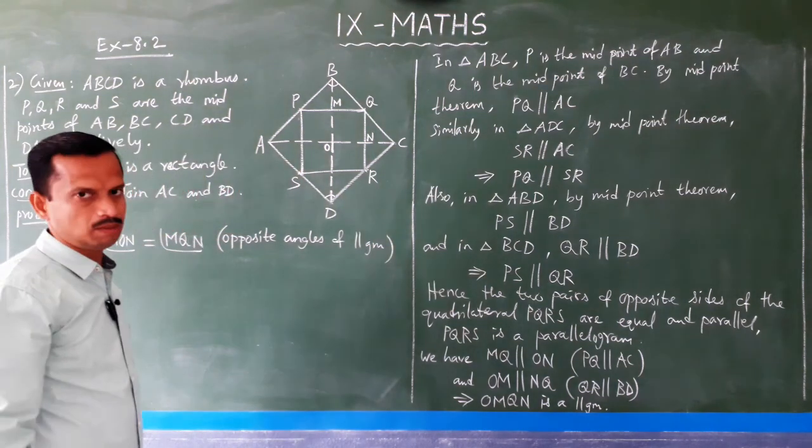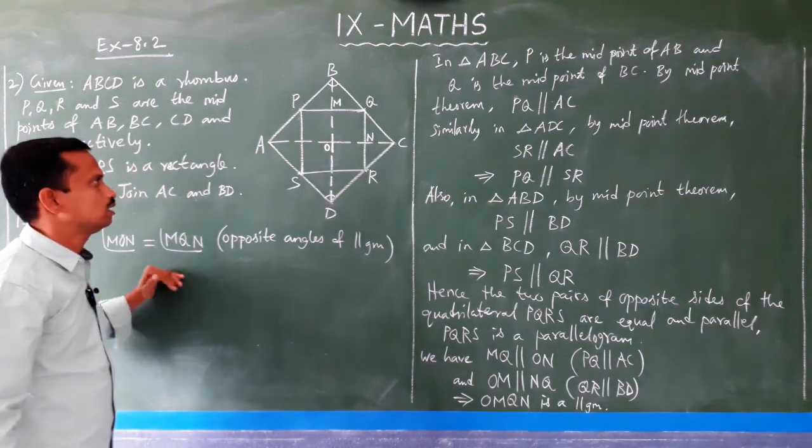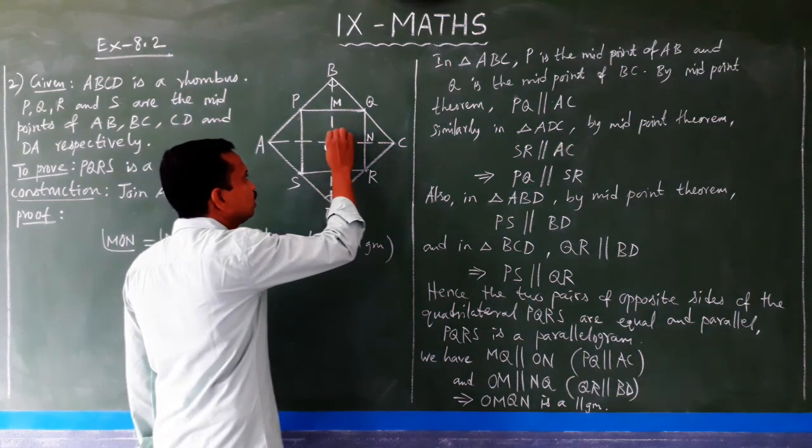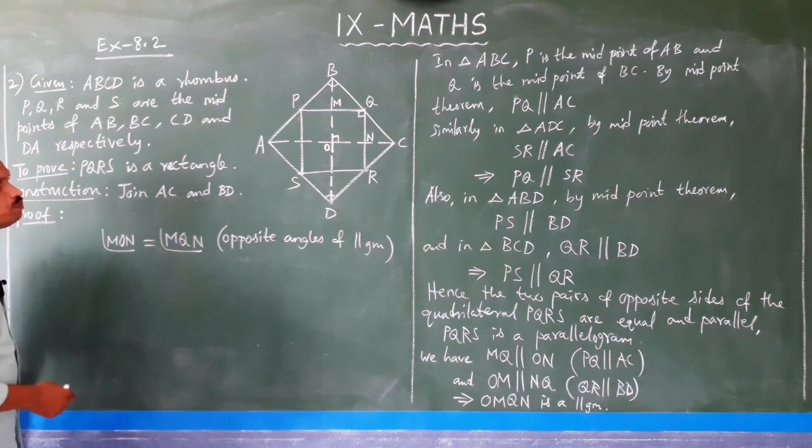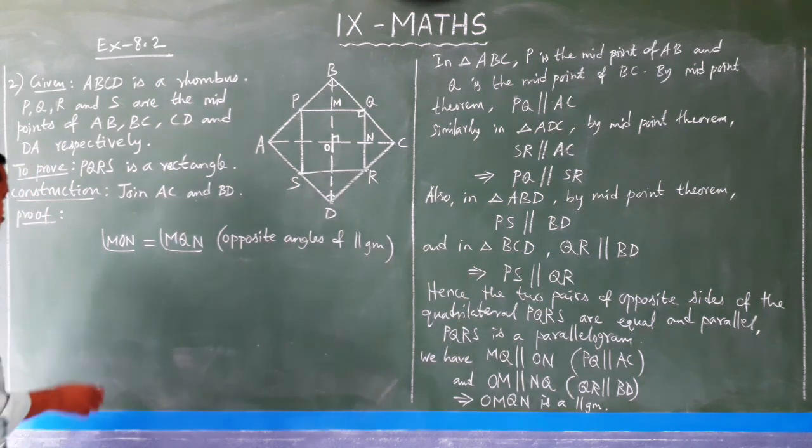Because OMQN is a parallelogram, opposite angles are equal. Which angle? This one and this one. You see, angle MON is 90 degrees.